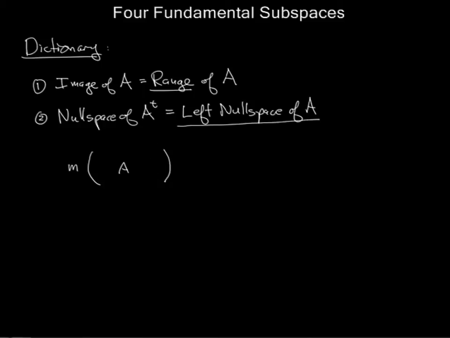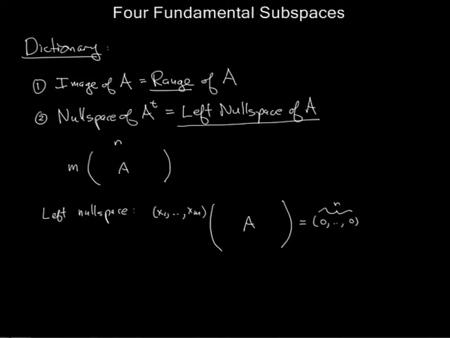Well, we have this m by n matrix A, and the left null space is the following. It's where you put the vectors on the left, which is to say you have a matrix multiplication like this. You have a row vector x1 through xm, and you multiply it on the right by this m by n matrix, and you get the 0 vector of size n.